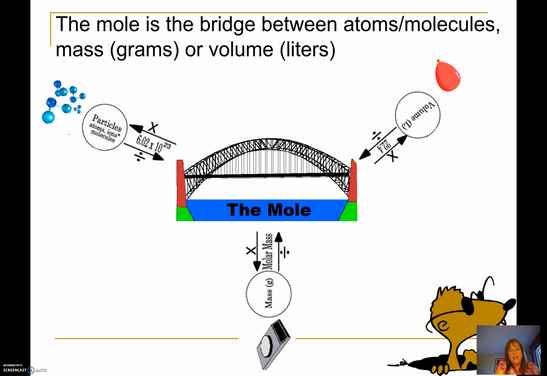So if I start in molecules, I have to go to moles first because there's no way to go from molecules to mass, just no way. I got to go through the moles. So each of these is going to be a 2-step process. The first step is going to be to go from whatever they gave me to moles, and the second one will be to go from moles to whatever I'm trying to find.